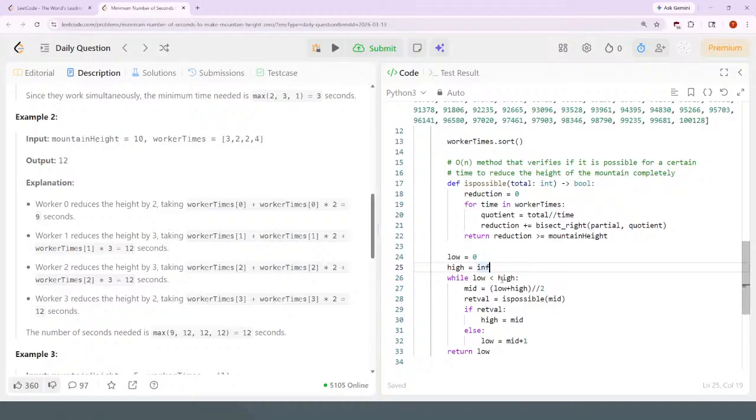Low less than high, mid. If it's possible to do the mid, then you want to try to lower the value. So high becomes mid. So it's possible to do 5, and it's at 5, 6.